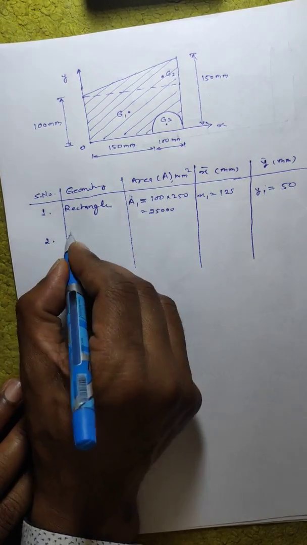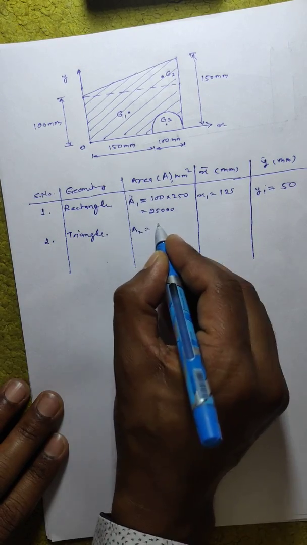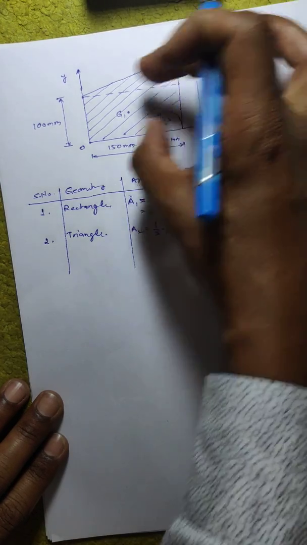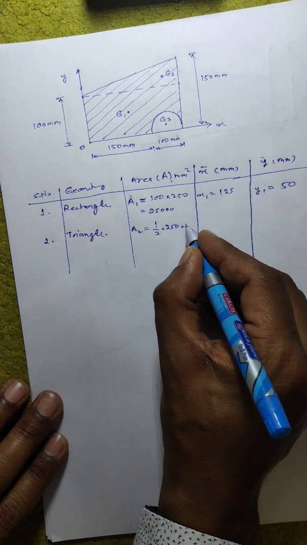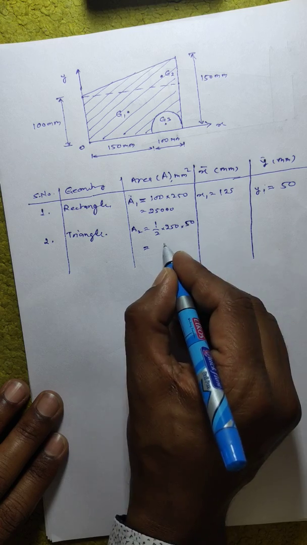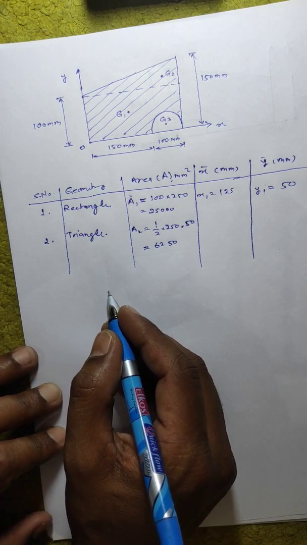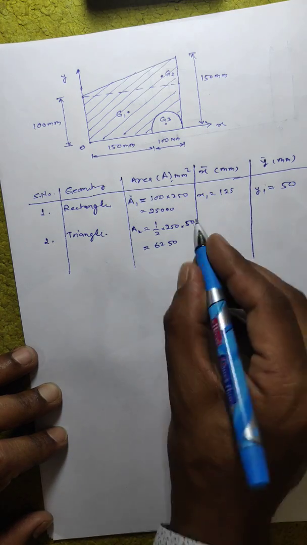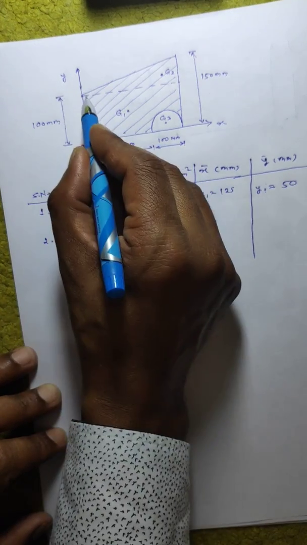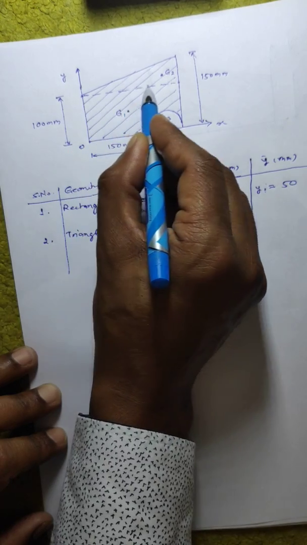Second is your triangle. A2 is half into base, 250, into height. Height is 150 minus 100, that is 50. So this will be 6250 mm square. X2, for a triangle it is 1/3 of base from here, and from here it is 2/3 of base.